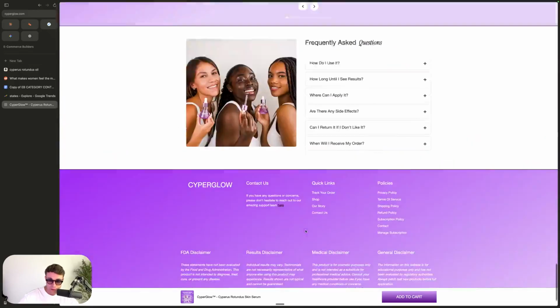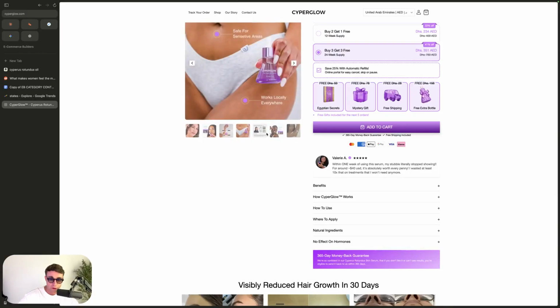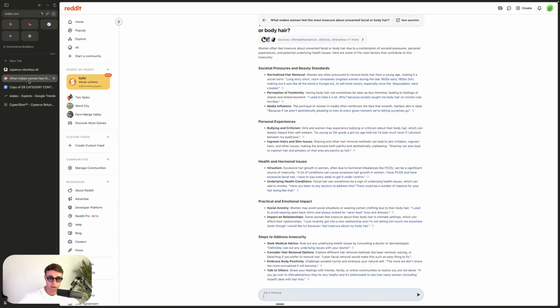And I'm pretty sure people also use it on things like their underarms, on their legs. Yeah, works locally everywhere. So you can see that it can be pretty much used across the whole body. Obviously, women have different pain points in regards to where they most struggle with their hair growth. So we just want to keep it as broad as we can for now.